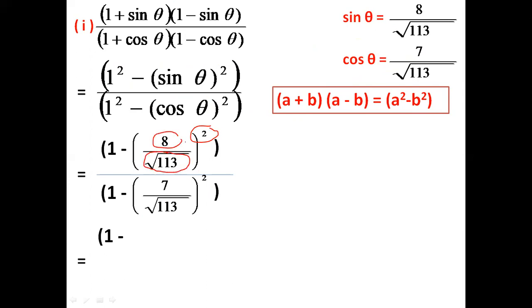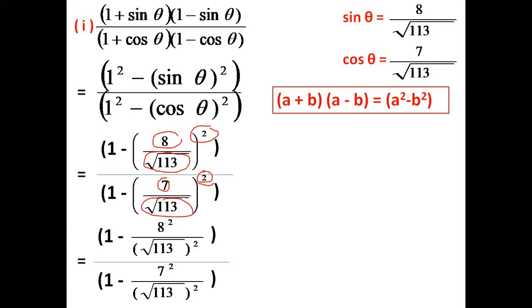So 8 square by under root 113 whole square, divided by, in the denominator 1 minus, here also the square is applied to numerator and denominator, so 7 square by under root 113 whole square. Here the square and square root get cancelled, and here also.